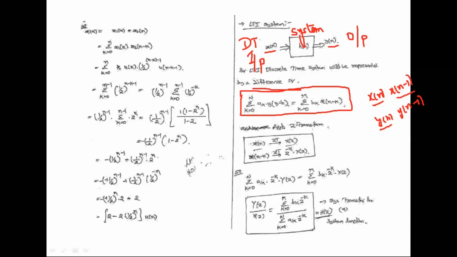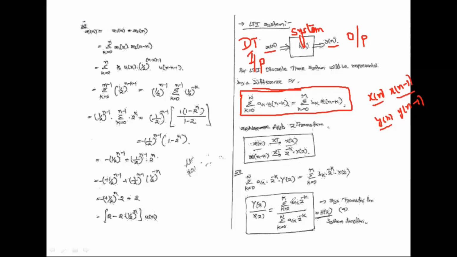Apply the Z transformation on both sides of this equation. The sum of k equal to 0 to N, a of k, and what is the shifting operation we are applying here? z power minus k Y of z, and z power minus k X of z on the right hand side. So Y of z by X of z is the transfer function or system function, as we call it.